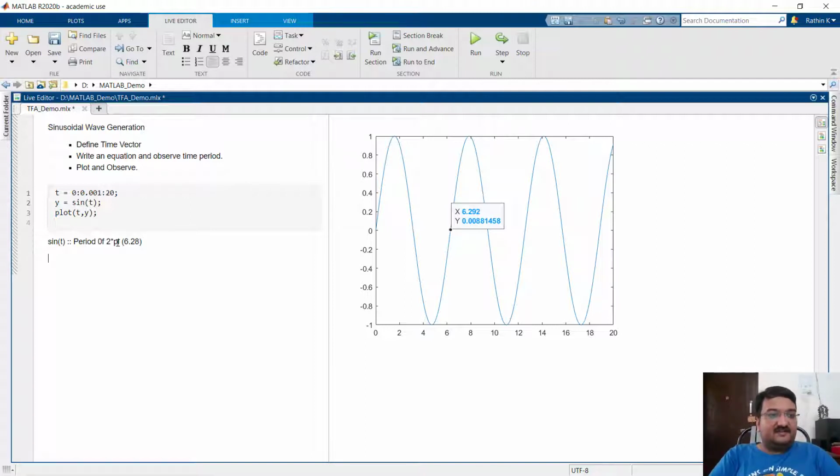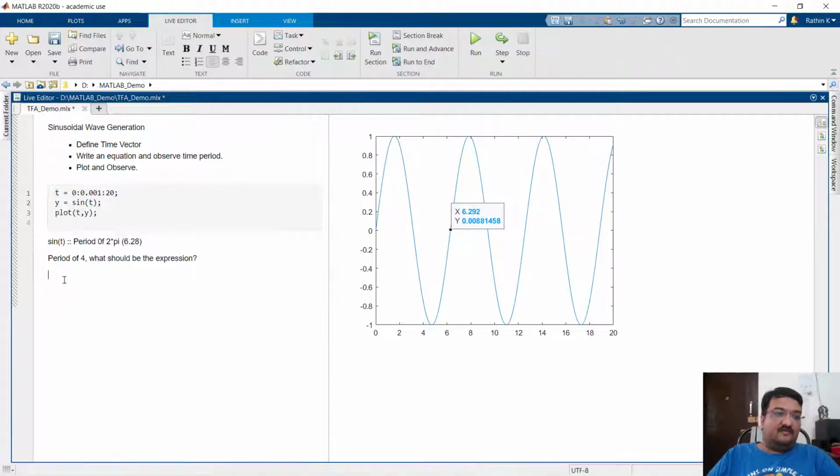Whereas you need a period of how much? Let's say I need a period of 4. Then what should be the expression or equation which we have written? Now you see the period of 2 pi is obtained by writing t here.